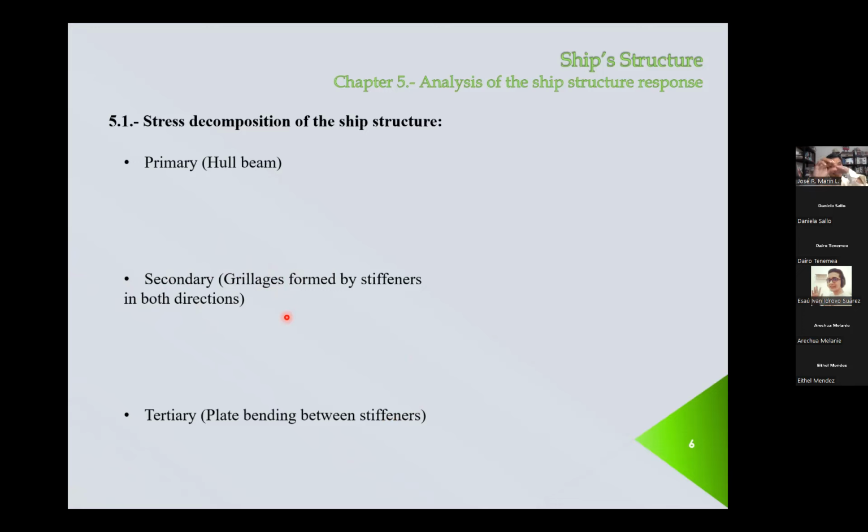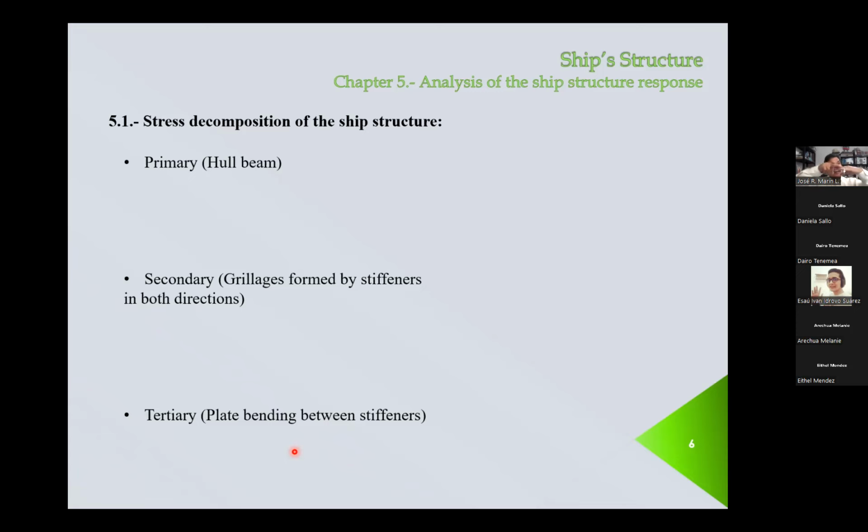But in the thickness, the normal stress we consider as uniform. In the tertiary behavior, you have the plate and it bends. And in this case, in the thickness, the normal stress changes linearly. That's what we call the kinematic hypothesis.